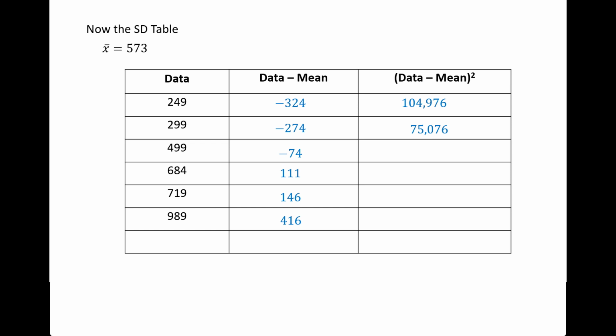Square negative 74. The square is 5,476. Square 111. The square of 111 is 12,321. Square 146. The square of 146 is 21,316.